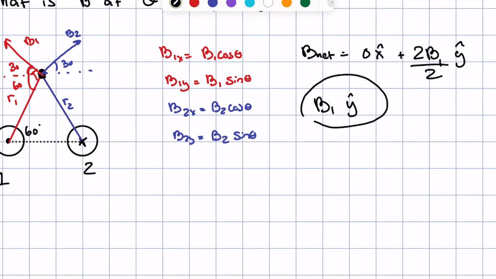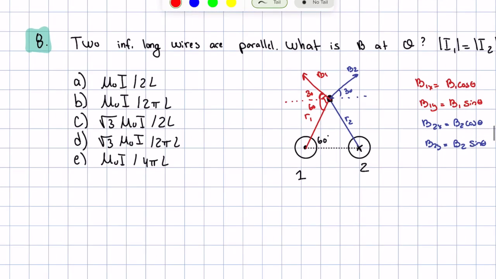Well, it's just the magnetic field of a current carrying wire, which is equal to mu naught I over 2 pi r, where r is the distance from your current carrying wire to the point that you're talking about. So if we look at our choices, here they're using L instead. It doesn't really matter. The answer is still going to be B, mu naught I over 2 times pi times L.